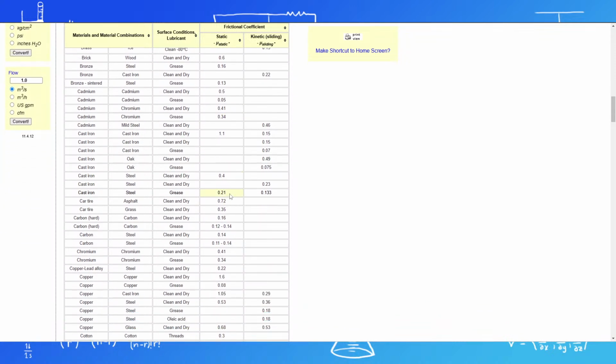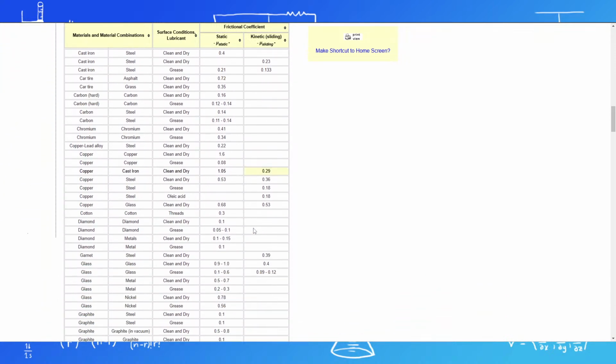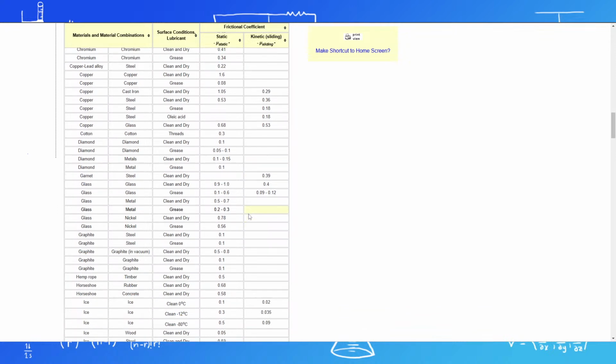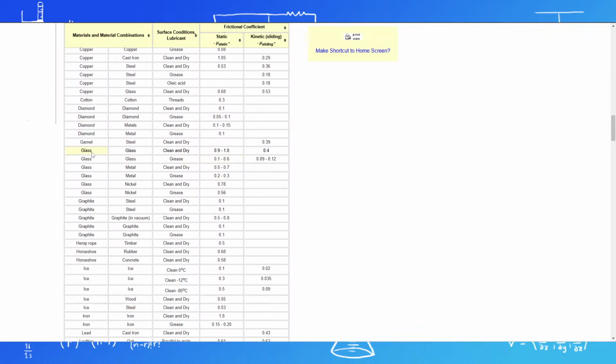I wanted to scroll down to glass on glass. Here's something that you might not easily expect. Glass on glass, you typically think of glass as being really smooth, but in fact, glass has one of the highest friction coefficients, especially against another piece of glass.